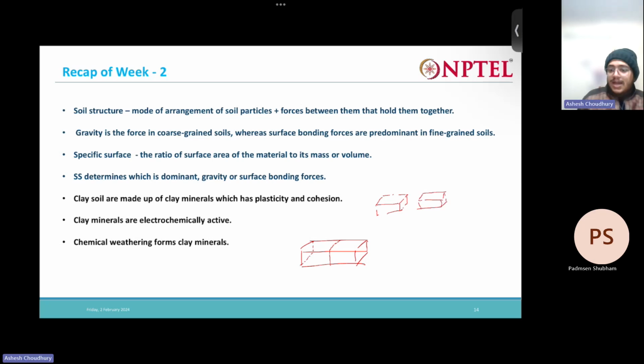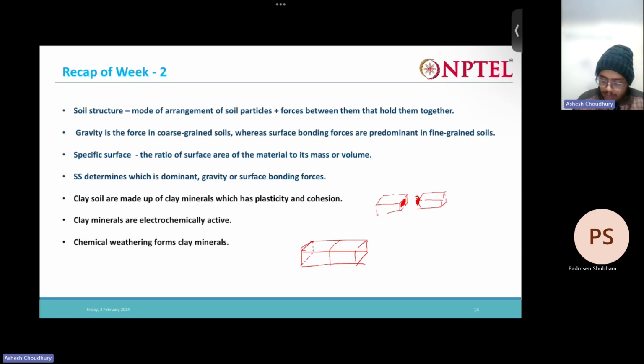Now see, this area and this face, that face also is going to have one more area. This area is increasing, right? So if you divide it into very small portions, these areas are going to increase. Surface area is going to increase.